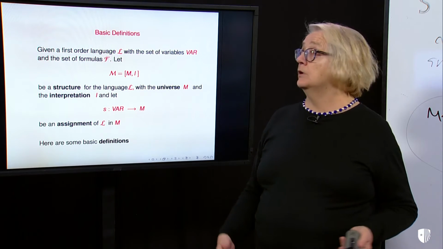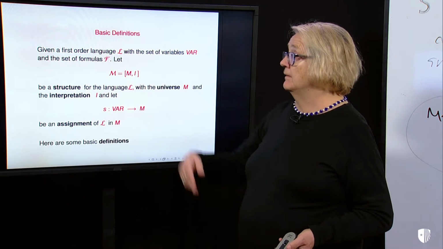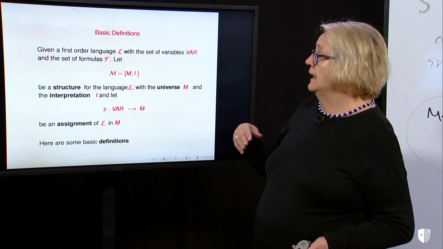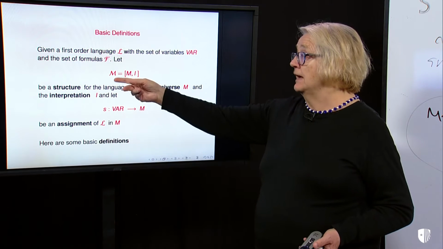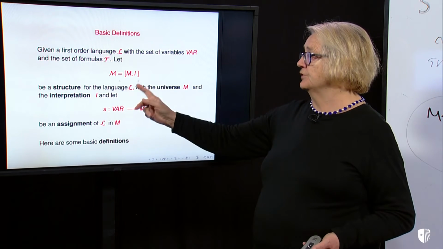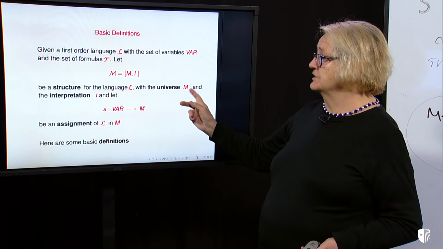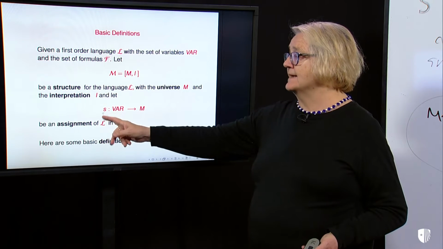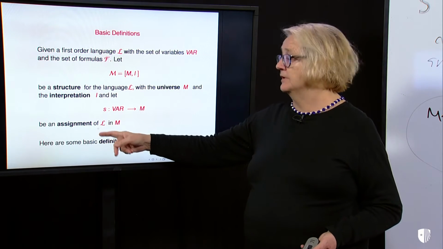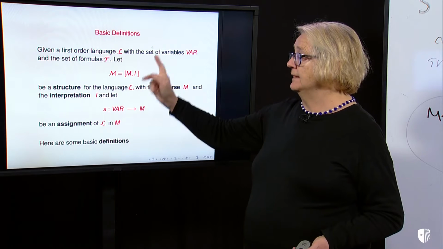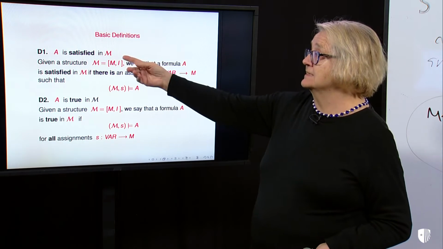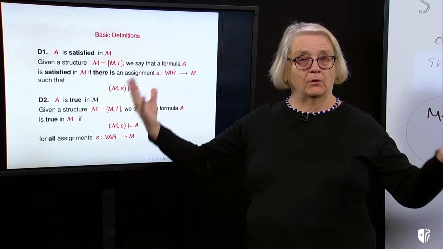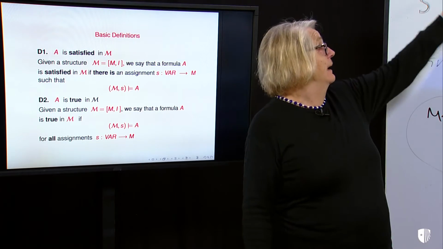What is a predicate tautology? Given our language with the set of variables of the predicate language, you have a structure for the language with the universe M and interpretation. S is an assignment of variables of the language into the structure, and then M, S satisfies a formula A of the whole big language.